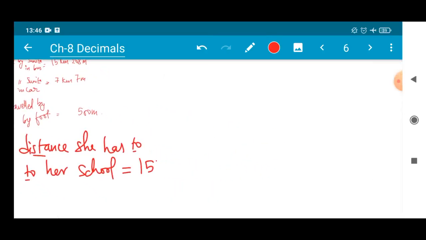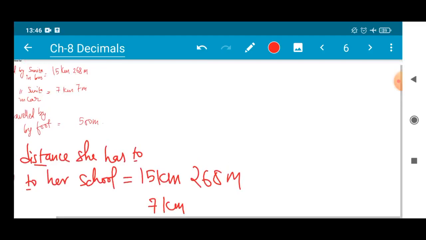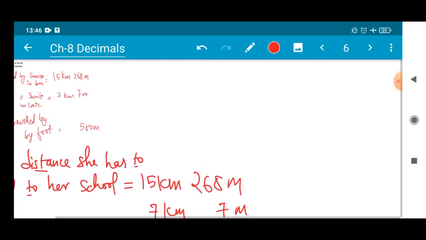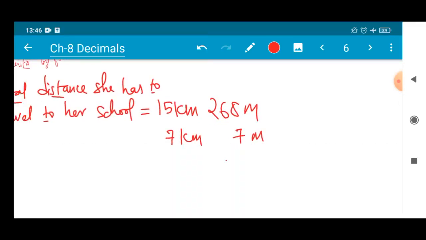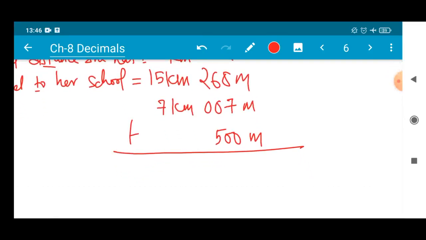15 kilometer 268 meter, 7 kilometer 7 meter, and 500 meter. So I can write here 500 meter directly. So this will be the kilometer place and this will be the place of meter. So let us add now. So here I can add a 0. So 8 plus 7 is 15, 1 in hand.